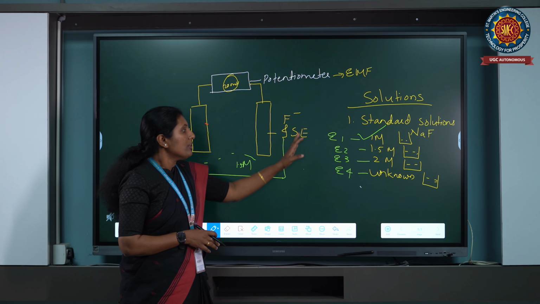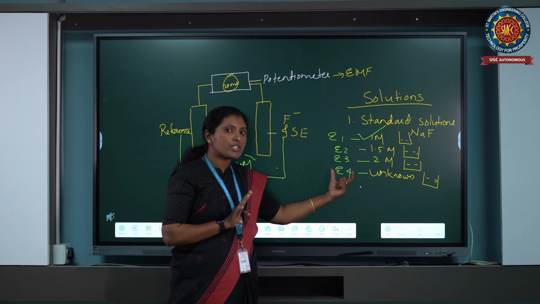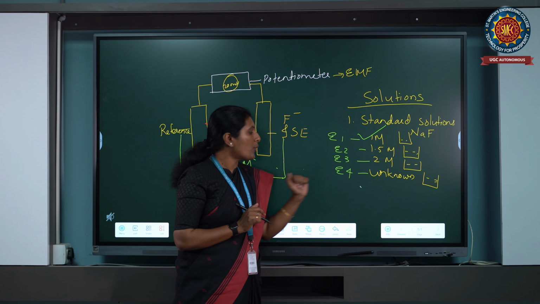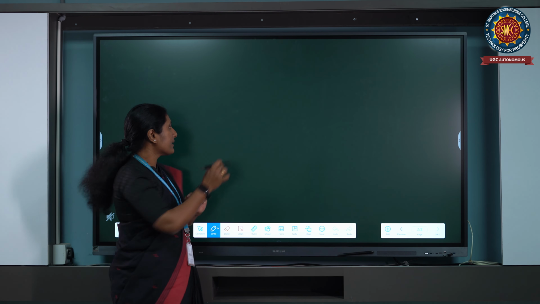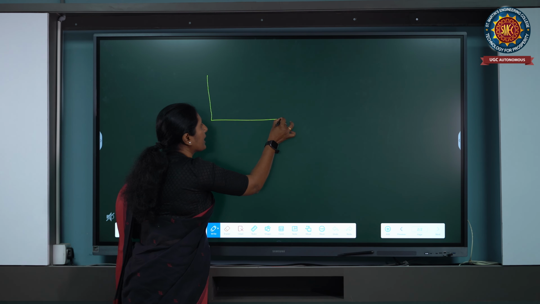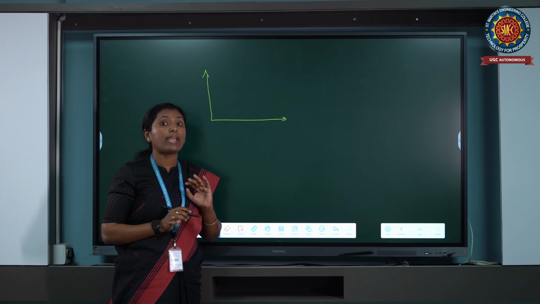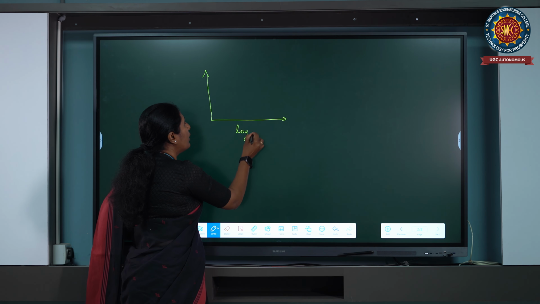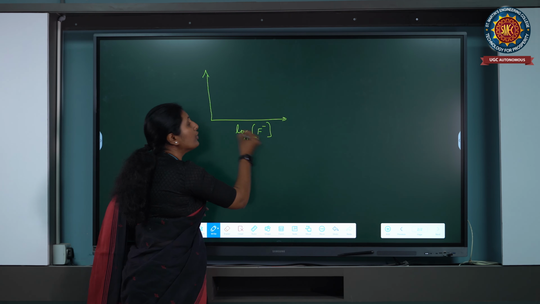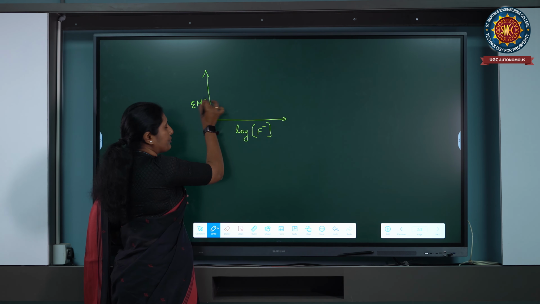Now, we got 3 standards and 1 unknown, and for each one you got an EMF. What is our next step? You have to draw a graph. I already told you that we prepare standard solutions in order to draw a calibration graph. On the x-axis you take the log of concentration of fluorine and on the y-axis you take EMF.